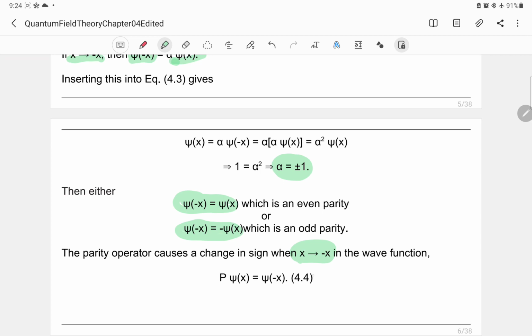In general it should be space, but in this discussion it's just one-dimensional, on the x-axis. So you take a wave function and apply a parity operator, and the result is just psi, but with space becoming negative.